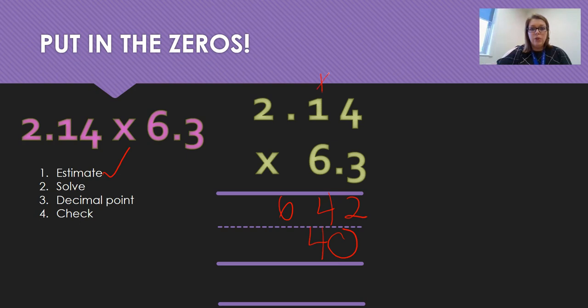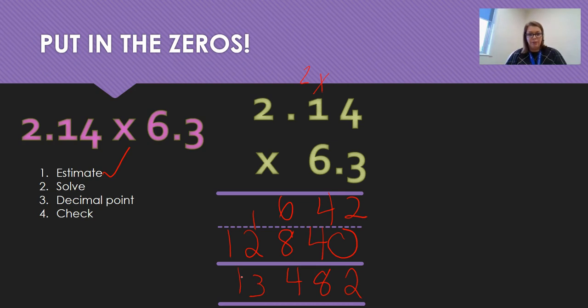Carry the 2, so I'm going to cross out the 1 that was already carried. 6 times 1 is 6, plus 2 is 8. So the 8 comes down, and 6 times 2 is 12. Okay, now we need to add these up. So I've got 2, 8, 6 plus 8 is 14, carry the 1, and I've got 3.